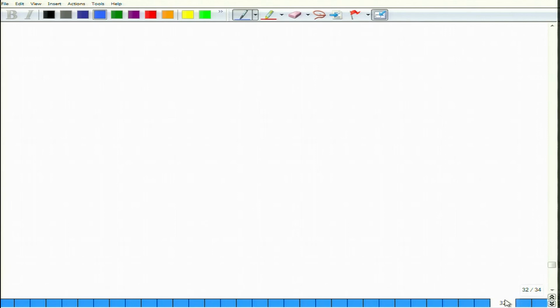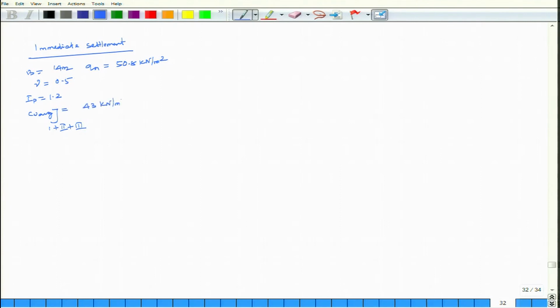Now if I take immediate settlement, B is equal to 14 meter, Qn is equal to 50.8 kilonewton per meter square, mu is equal to 0.5, Ip is equal to 1.2, Cu average considering 3 layers, it comes out to be 43 kilonewton per meter square.